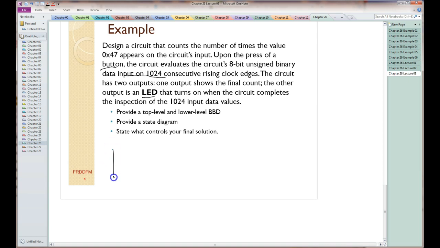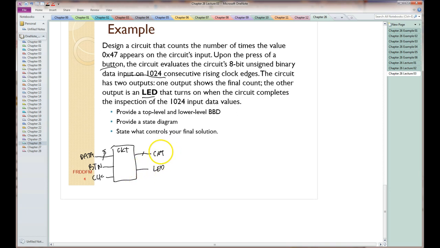And so we can go ahead and write this down. Two outputs here. It has a button on the input to get it started, and it has, we'll just say, an 8-bit data input.